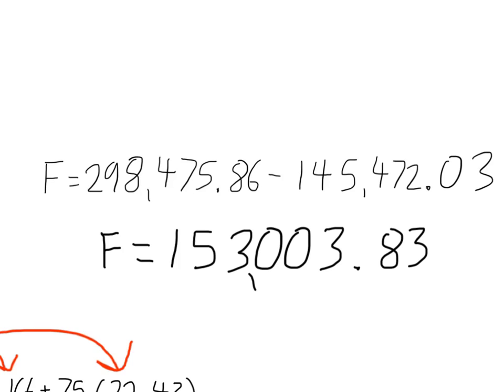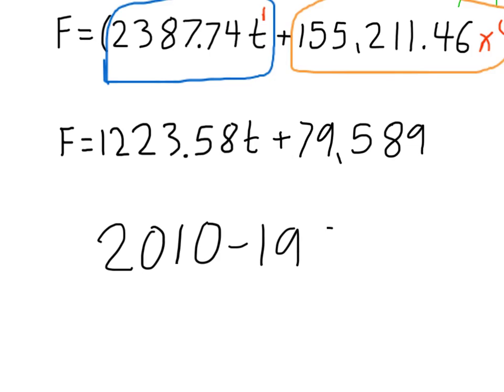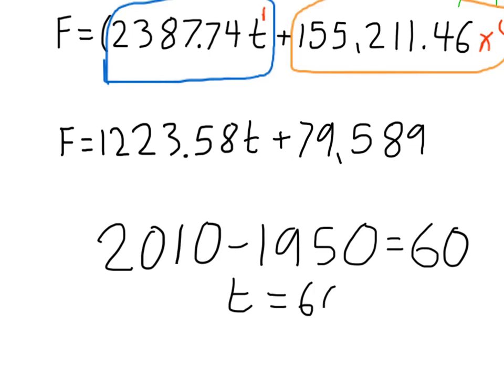So now that we have this, we can go down and use our equation to see how close our equation is. So in this case, T is the number of years after 1950, and we have 2010 minus 1950, and that's going to give us 60 years. So our T is 60.